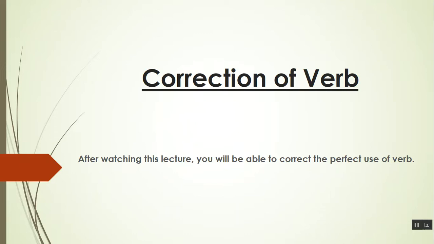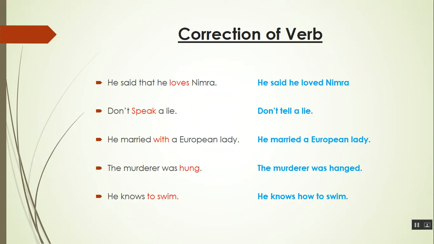So in front of you, there is a slide, correction of verb. We will discuss the verb. Come to the first slide. Dear student, there are 5 to 6 sentences in front of you. You must watch till the last slide, and step by step, I will tell you about the correct and wrong answers of these sentences. There are two types of sentence.